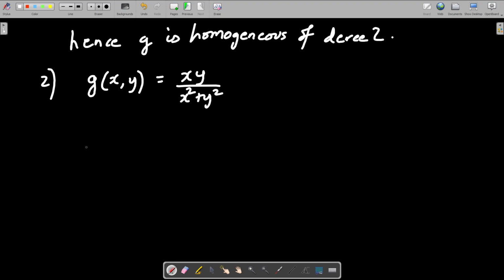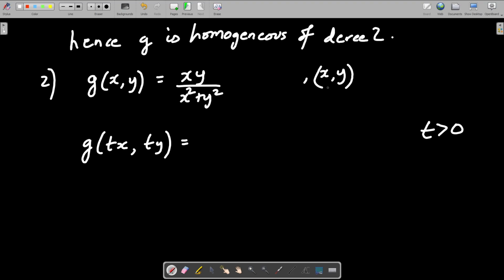Same thing we'll do: take g of tx, ty, where t is strictly greater than 0. This is defined when x and y are not both 0. If x and y are both 0, then the denominator becomes a problem. So we'll put a condition that x and y at the same time should not be 0, 0. One can be 0 and the other non-zero, that is allowed, but both should not be 0 at the same time.